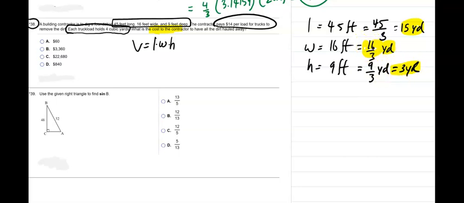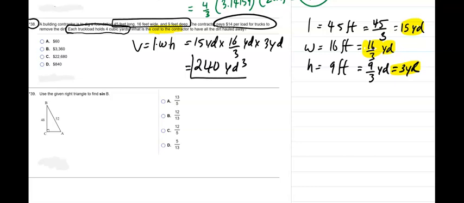Now I put in the formula: volume equals 15 yards times 16 over 3 yards times 3 yards. If you multiply, it gives you the total volume, which is 240 cubic yards.